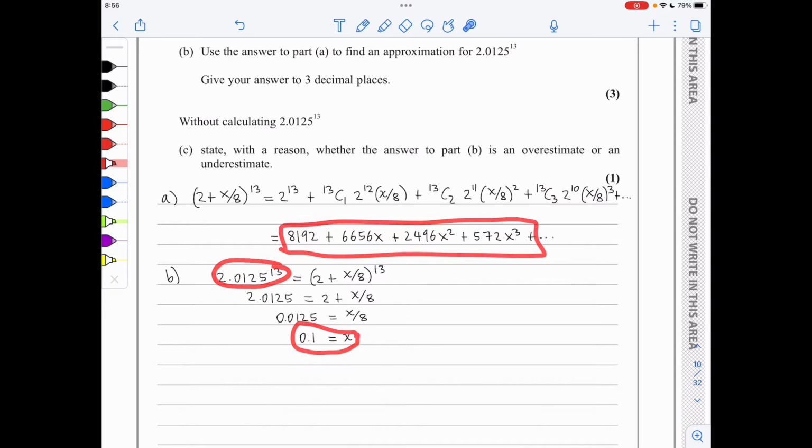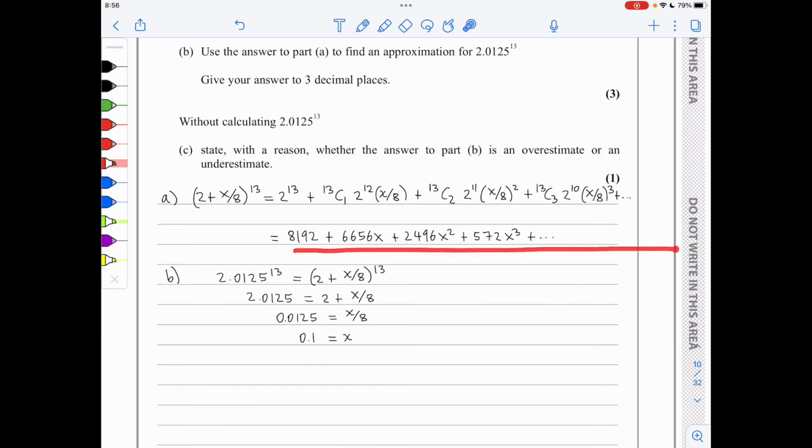Now this will be an estimate because I'm not taking into account all the terms, the full expansion. I'm only taking into account the first 4 terms.